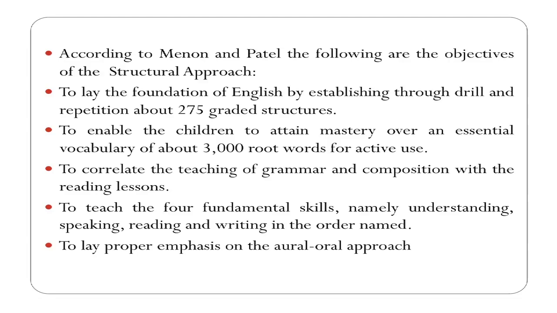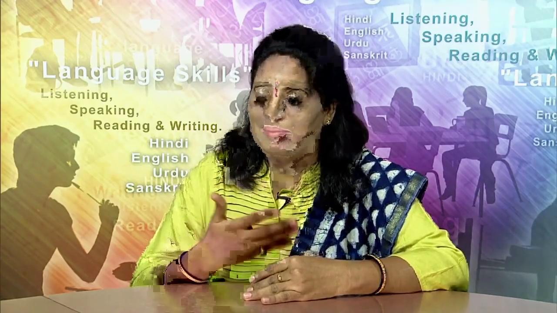To enable the children to attain mastery over an essential vocabulary of about 3000 root words for active use. Active use is what we are able to use either in speaking or in writing, and passive is what we understand, that is, we know its meaning, but do not frequently use. That becomes a passive vocabulary.